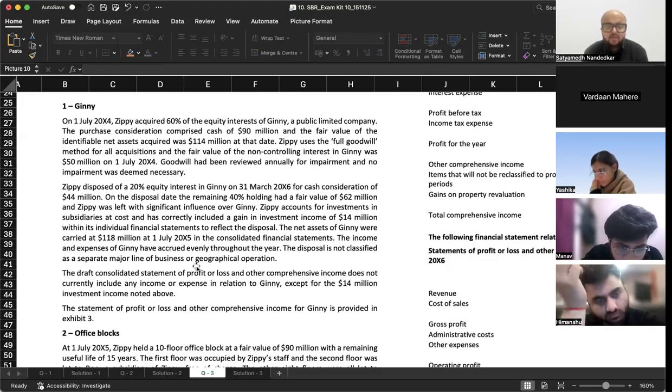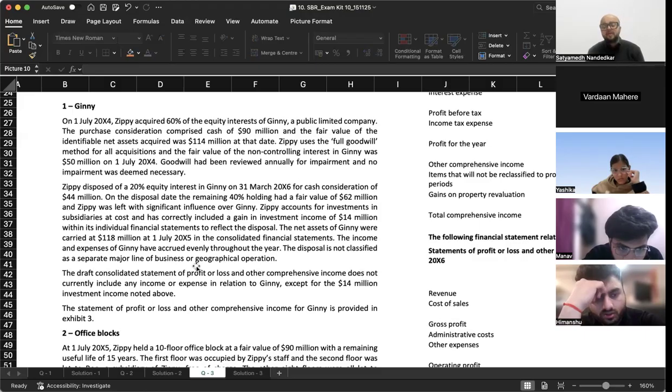The net assets of Ginny were 118 million at 1st of July 2005 in the consolidated financial statements. The income and expenses of Ginny have accrued evenly throughout the year. The disposal is not classified as a separate major line of business or geographical operation. Now, the draft consolidated statement of P&L does not currently include income or expense in relation to Ginny except for the 14 million investment income noted above.